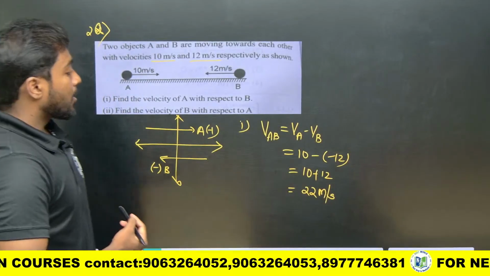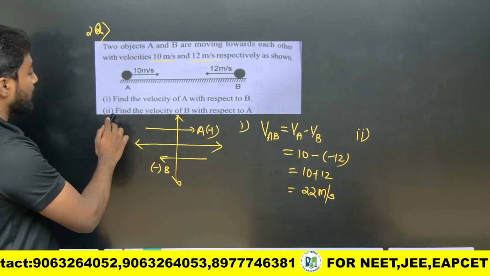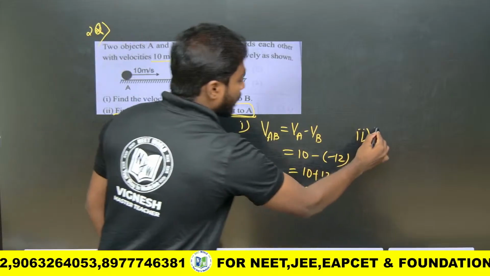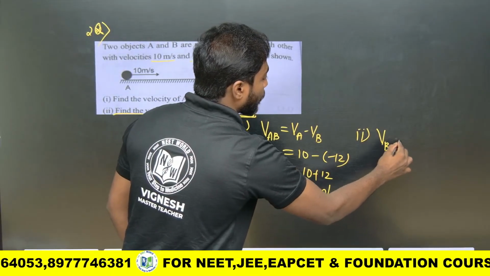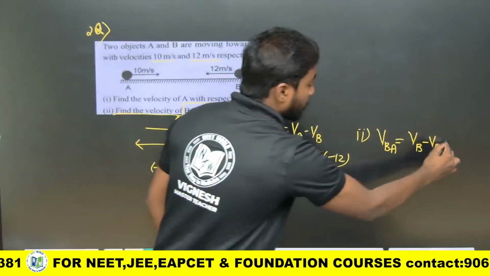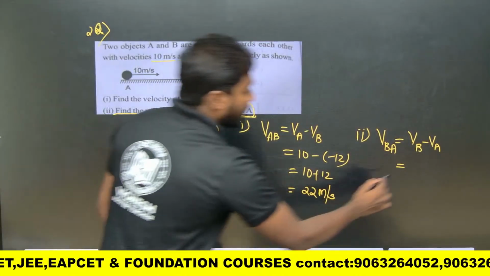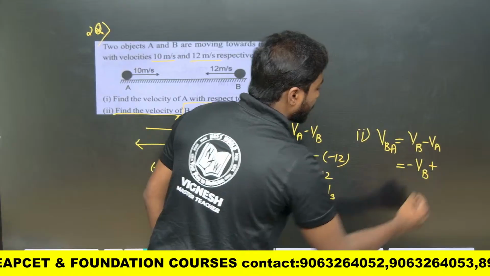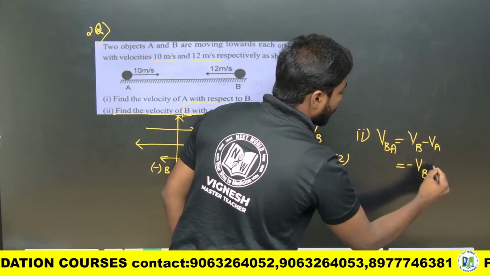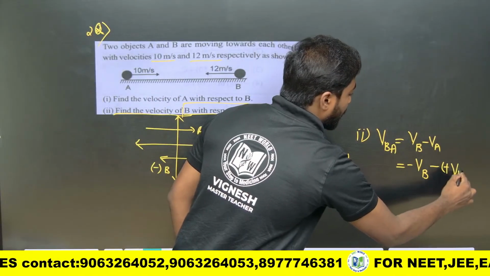We will go for the second part of the question. What are they saying? Find the velocity of B with respect to A, which is nothing but VB minus VA. Now the sign convention: B is negative, so minus VB, and A is positive, so plus VA.